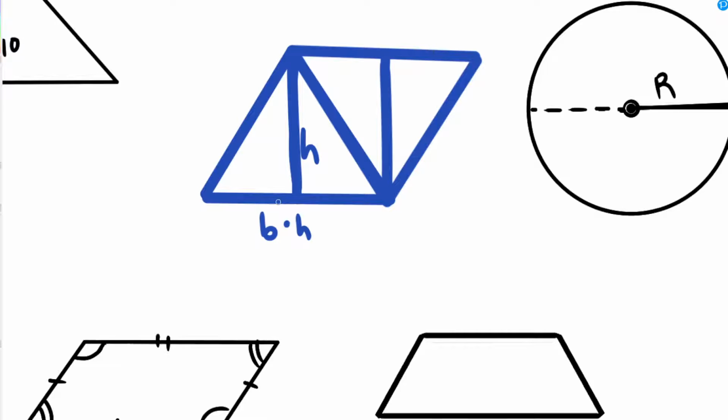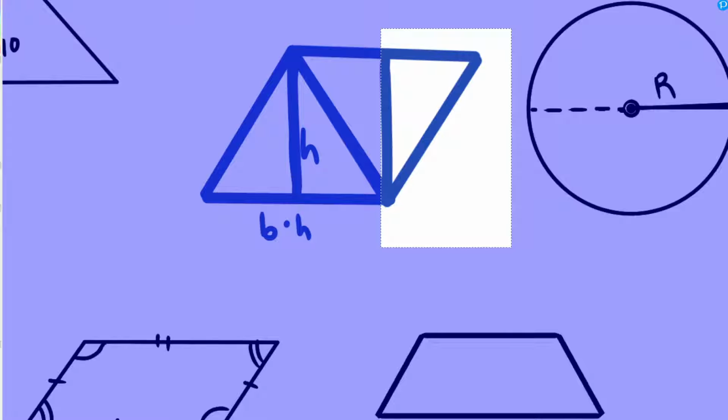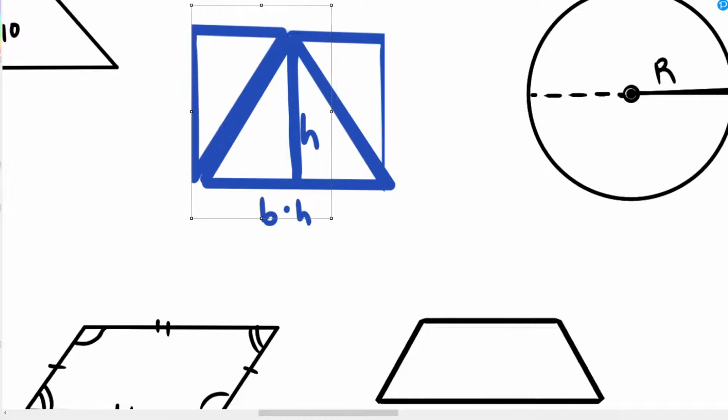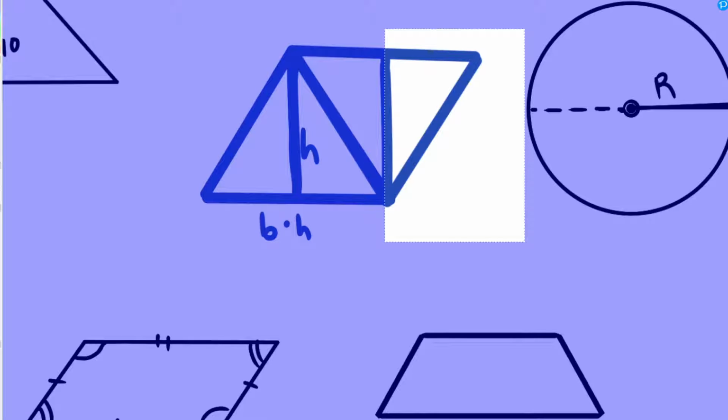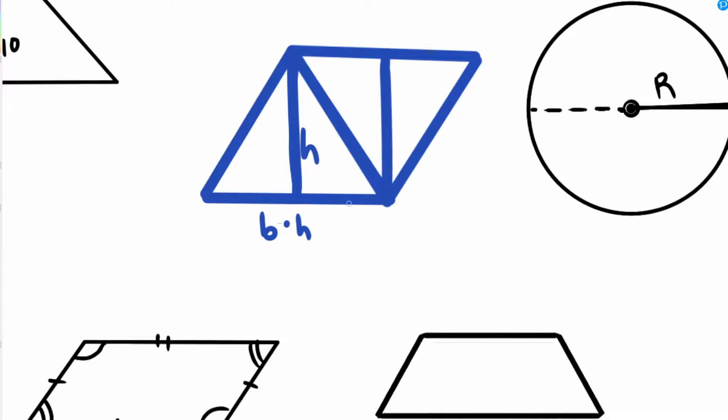And the reason why that is because if we take this 1/2 of the half and move it over here, it basically just turns into another square. And we doubled it. So it's base times height and then 1/2 because we doubled it.